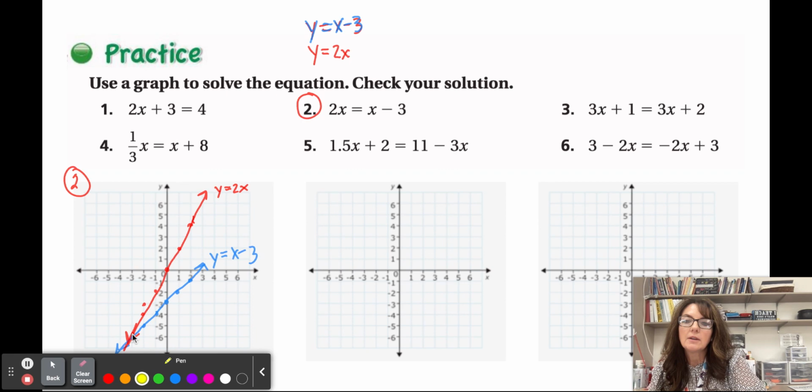So here's the point where they intersect, and that is at (-3, -6), which makes x equal to -3 for equation number 2. You could try it out: 2 times -3 is equal to -3 minus 3, and you get -6 is equal to -6.